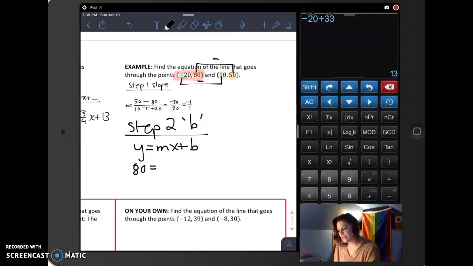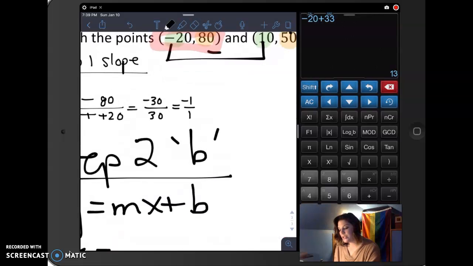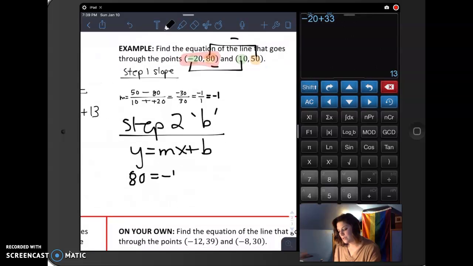My m, which I just found in my previous answer, was negative 1 over 1, which I'm going to reduce to negative 1 to make it a little easier on myself. My x value in that point is negative 20. Remember, when two numbers are next to each other, they are being secretly multiplied. The first step is to multiply negative 1 times negative 20.